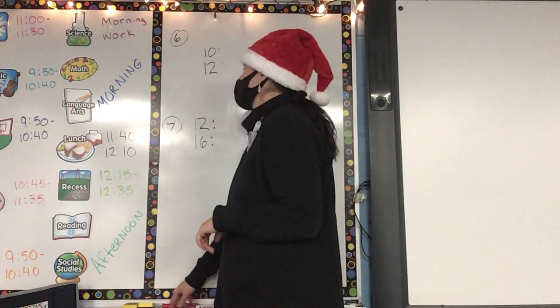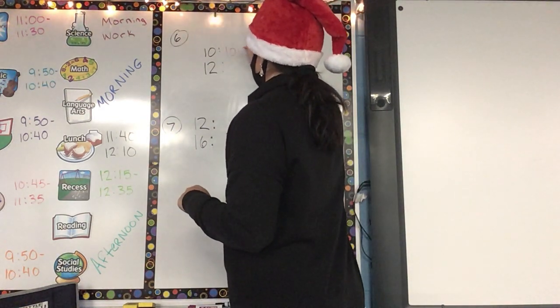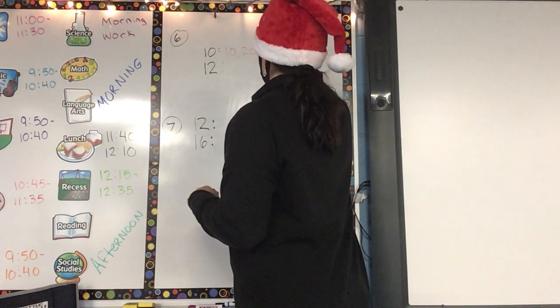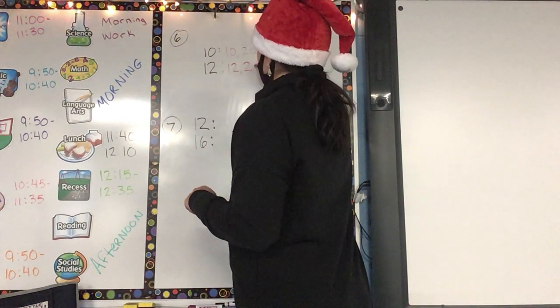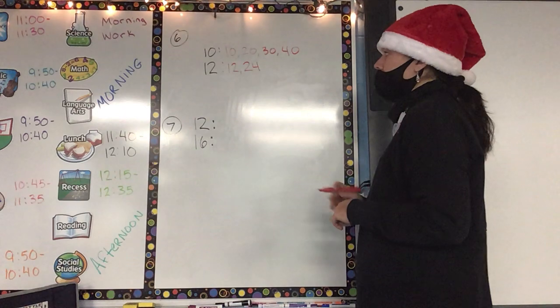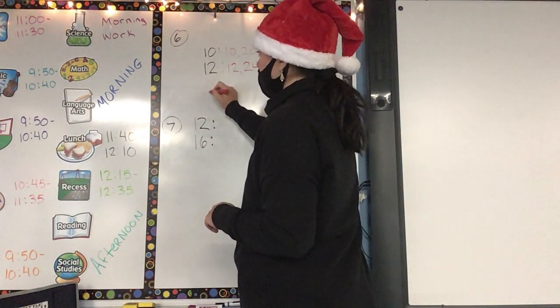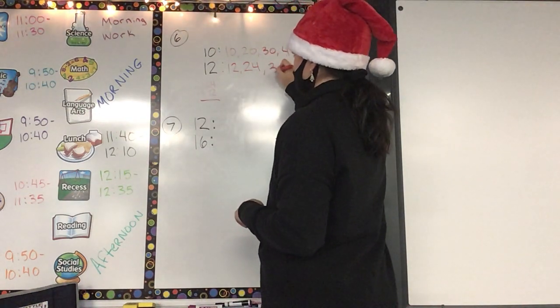All right, let's list them. Your multiples of 10. This one's easy. 10, 20, 30, 40. Let's stop there. Multiples of 12. 12, 24. Okay, stop. Let's say you got stuck. I don't know what comes after 12. Take 24 and add 12 to it. 36.